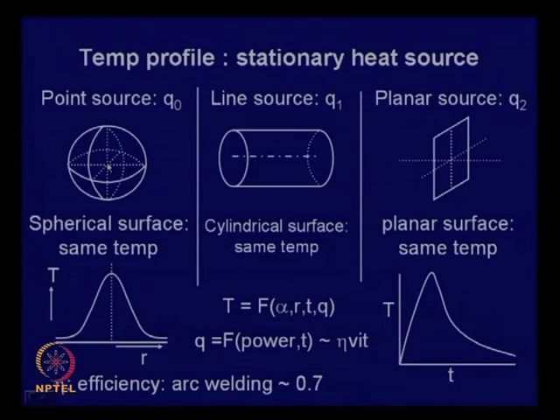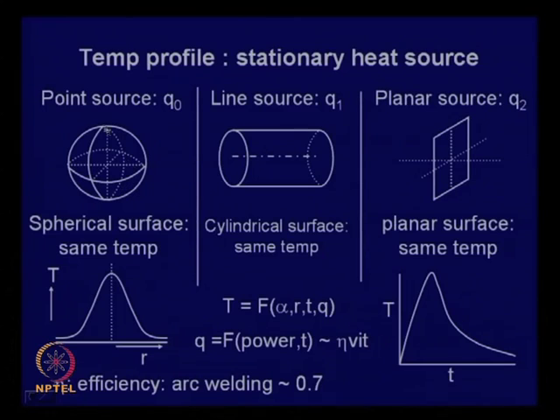Suppose we have a point source, a hypothetical case, where suddenly within a solid at a certain point we heat it to a very high temperature. Never mind what the method of heating is. In that case the heat will flow by conduction in all possible directions, and we assume the thermal diffusivity is the same in all directions.